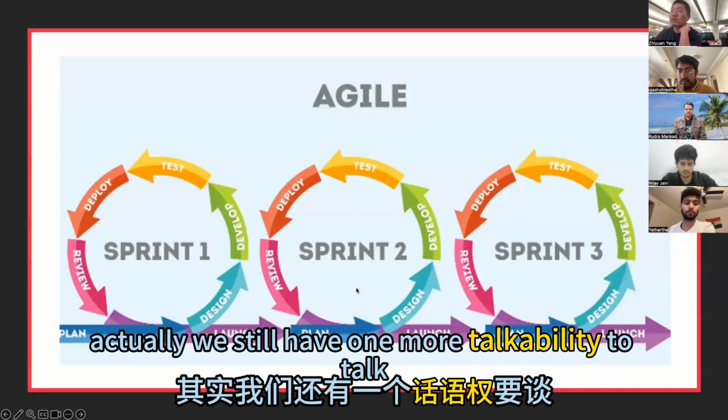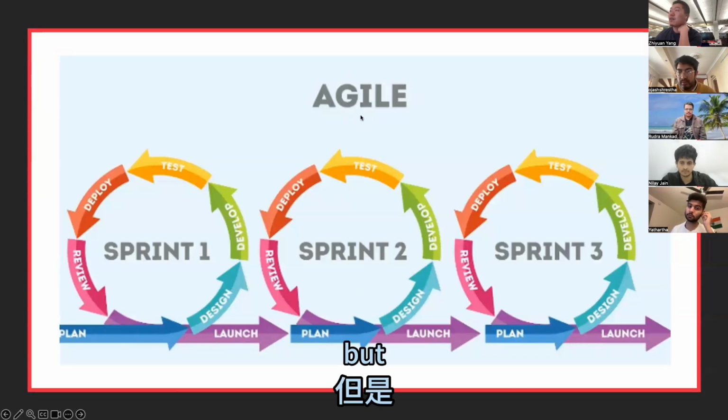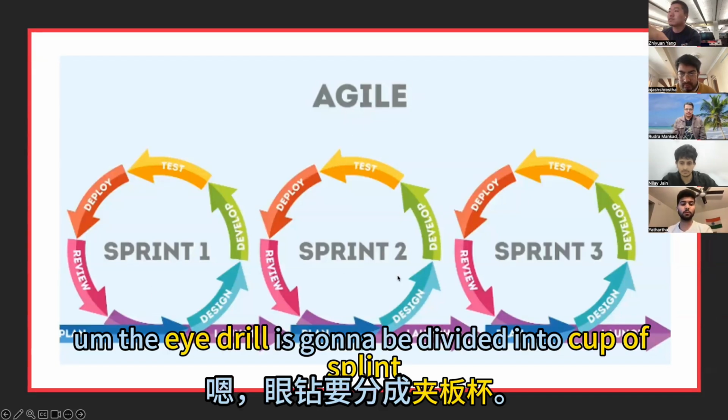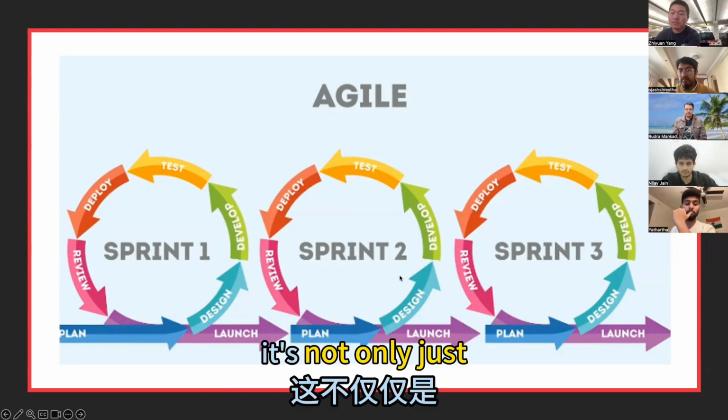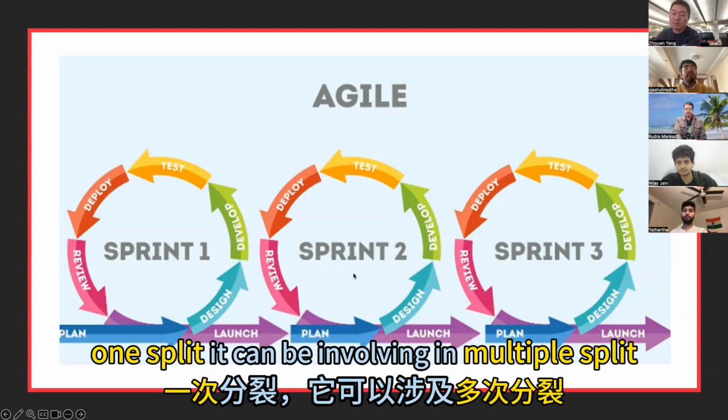Actually, we still have one more topic we need to talk about. Agile is divided into a couple of sprints. It's not just one sprint, it can involve multiple sprints.